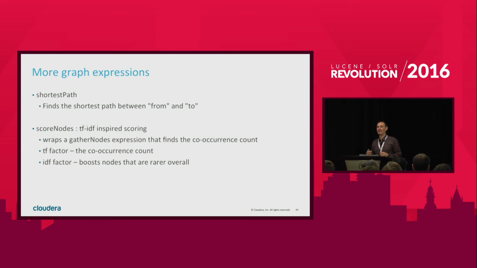But basically, the idea is if you're trying to do shopping recommendations, you put something in your basket, then the TF factor here is, well, how often does this co-occur with another product? Basically, how often does it appear in another basket with that product? But the IDF factor weights rarer items a little bit more.